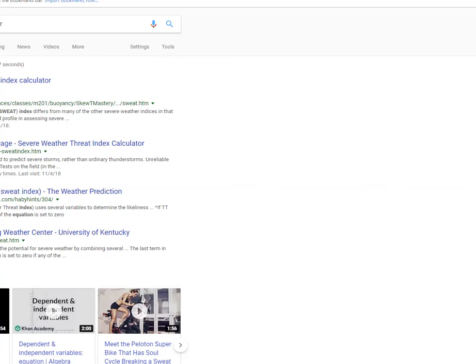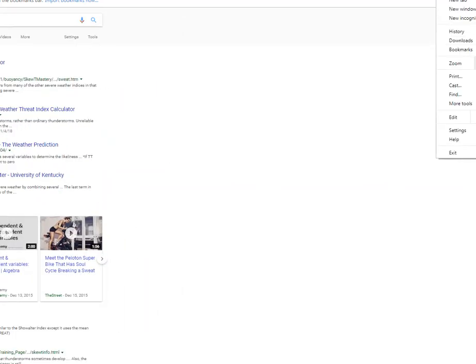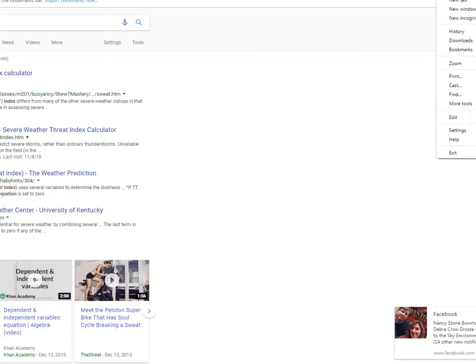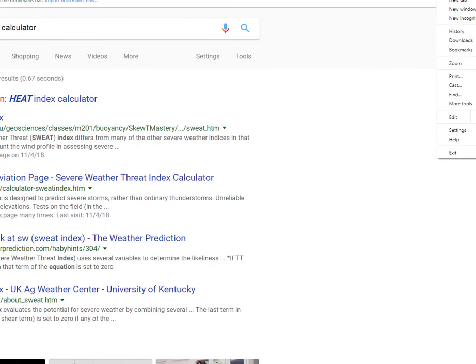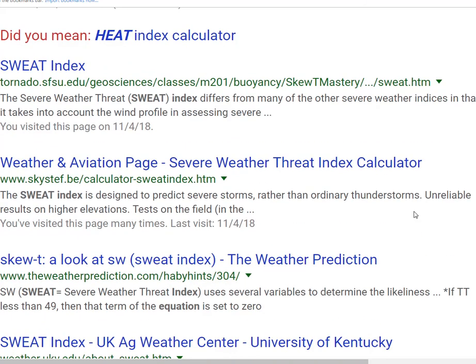Yeah, it's this one right here. Let me shrink my screen down. Actually, no, I need to go the other way, make it bigger. All right. So, yeah, it's this one. Weather and aviation page. Severe weather threat index calculator.